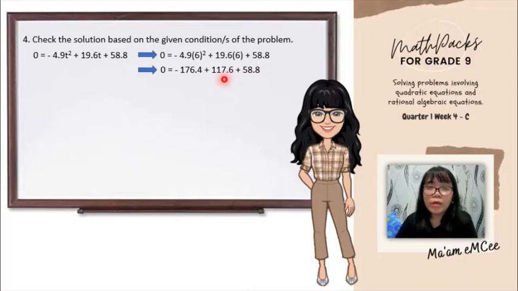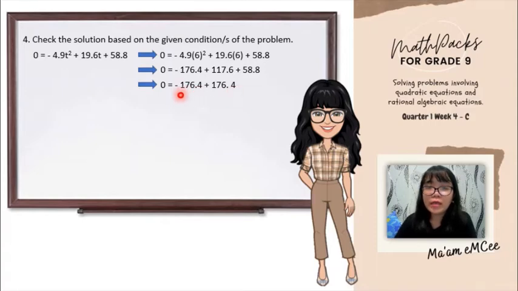Now, 117.6 and 58.8 are both positive, so we can add them. So we will have again 0 equals negative 176.4, and then 117.6 plus 58.8, that is also 176.4. And then we add these two.